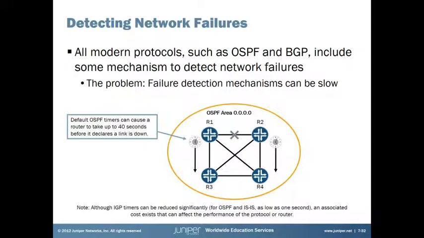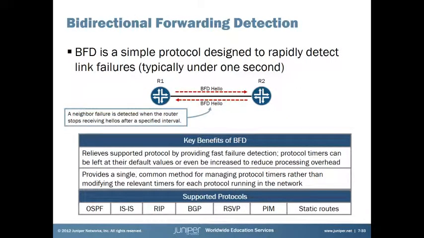So the best solution is not to tamper with the routing protocols themselves, because then you have to configure every routing protocol you are running to detect failures faster. There is a better solution, and that is to use Bidirectional Forwarding Detection, which can run across all your routing protocols, and it's extremely fast.